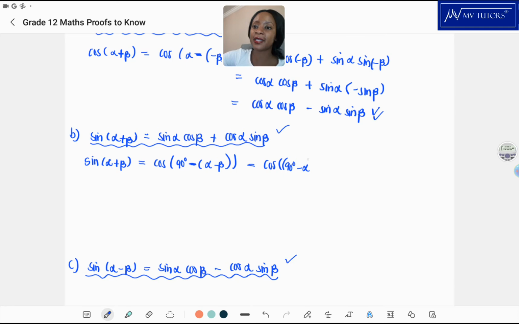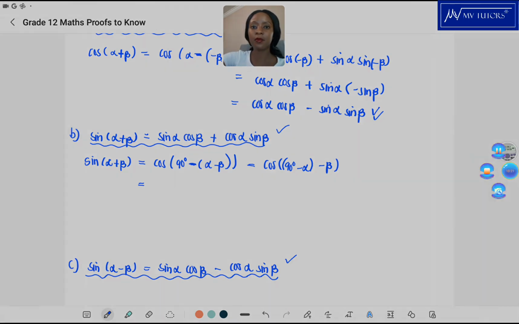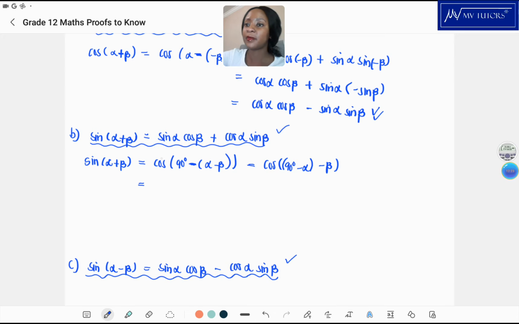I'll have that as my one angle, and then minus the beta. Okay, and then if I were to simplify that again, so I have then cos 90 minus alpha cos negative beta.